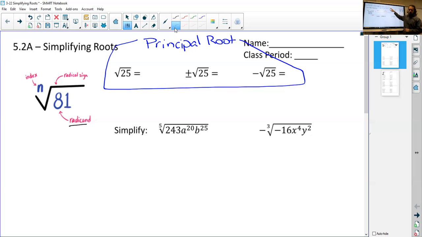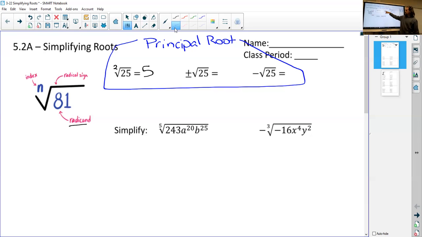When we talk about principal root and we have an even index, like the square root, second power, that's an even index, we're going to say, if it's just the root listed, we're only going to give the principal root as our answer, which is just the positive version. So we would say square root of 25 is just 5.